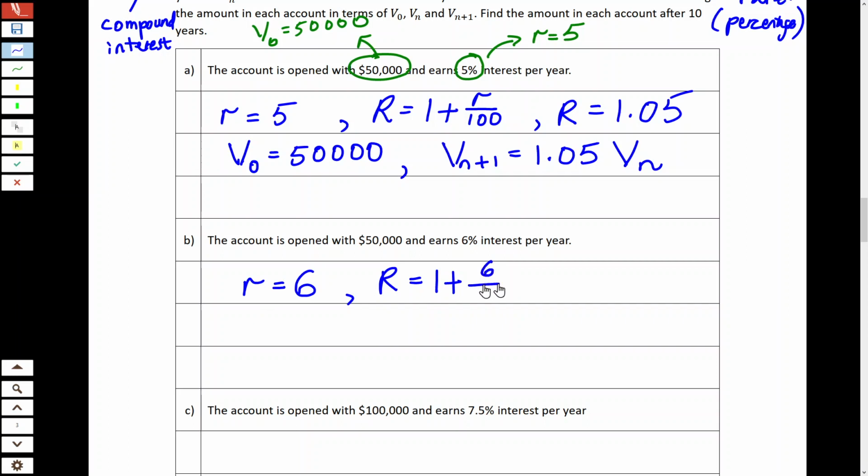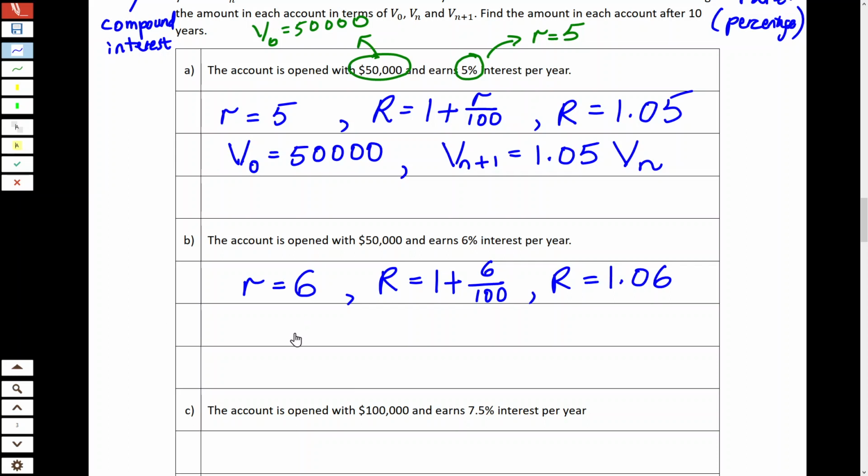So I'll write 6 over 100, or R equals 1.06.